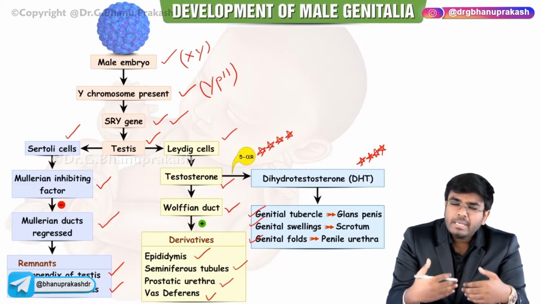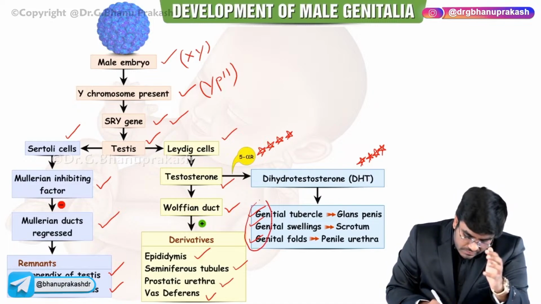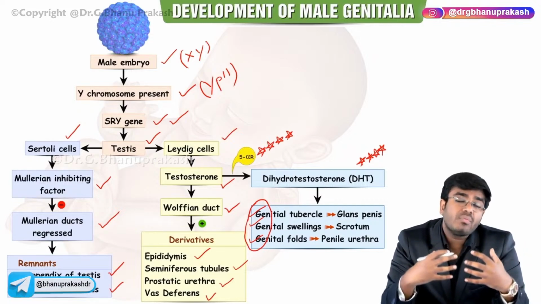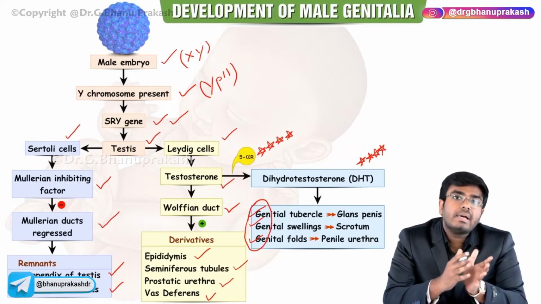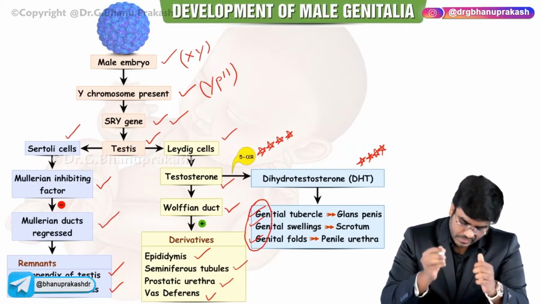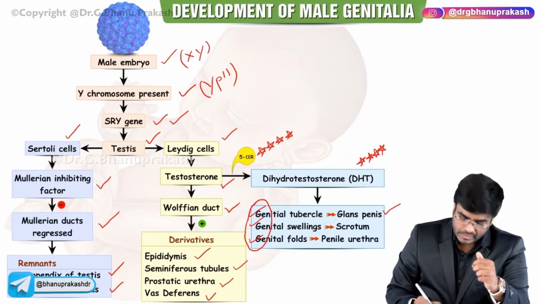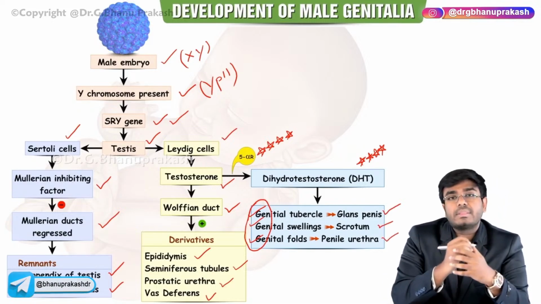What do I mean by that? Whenever these embryological structures are acted upon by dihydrotestosterone, they convert into male external reproductive organs. The genital tubercle converts into glans penis, genital swellings convert into scrotum, and genital folds convert into penile urethra.